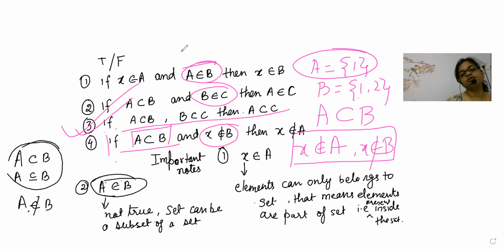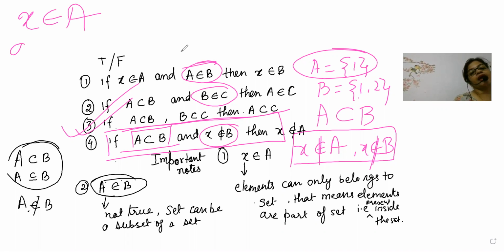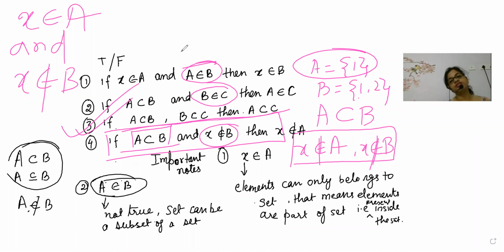It will not be false. So Daneshwari has given a correct statement here. Here X is not belonging to A and X is not belonging to B. If it had been written X belongs to A and X does not belong to B, then it would be a false statement.